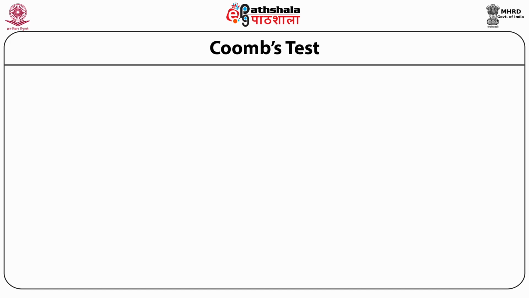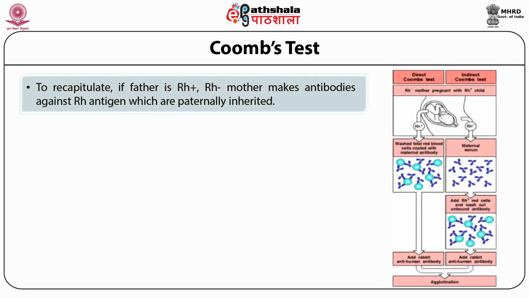Robin Coombs was the first one to raise anti-Ig antibodies. To recognize him, this test, which uses such anti-Ig to detect antibodies which cause erythroblastosis fetalis, was named after him. To recapitulate, if the father is Rh positive, an Rh negative mother makes antibodies against the Rh antigen, which is paternally inherited.